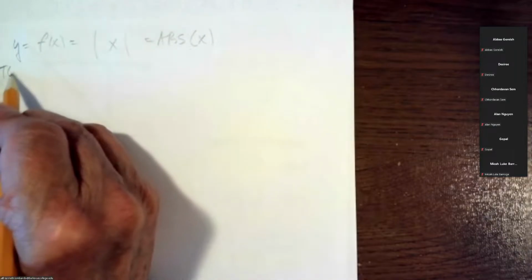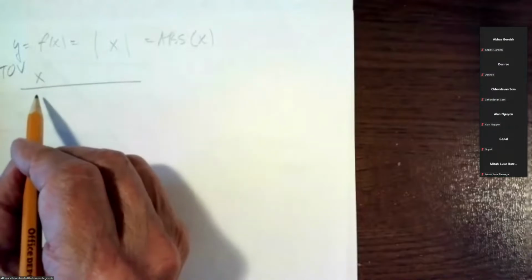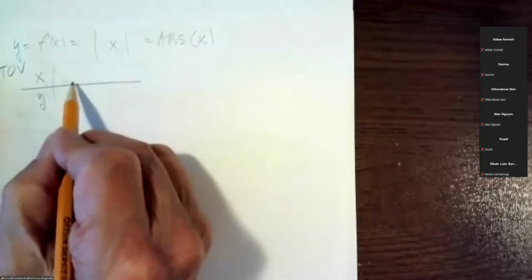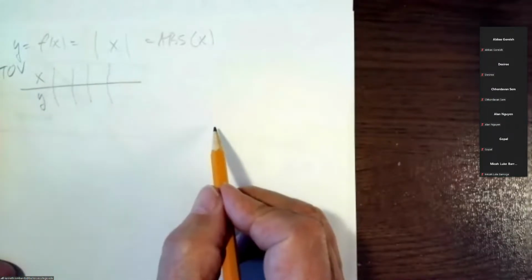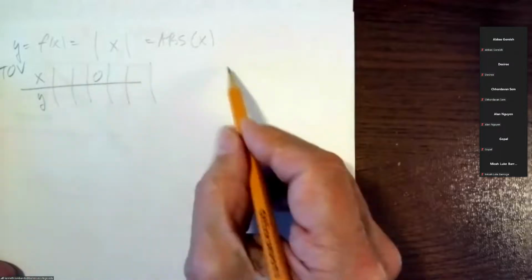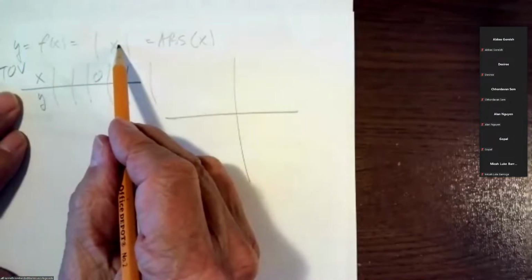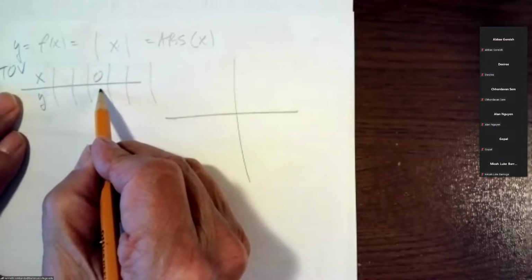We could set up a table of values. Here are the x values, here are the y values. Maybe I'll graph 3 or 4 points, and I'll have one of the points as 0. And so when x is 0, what's y going to be?